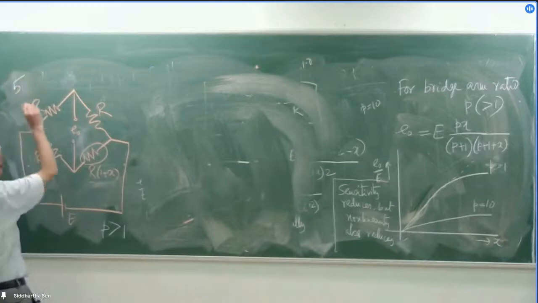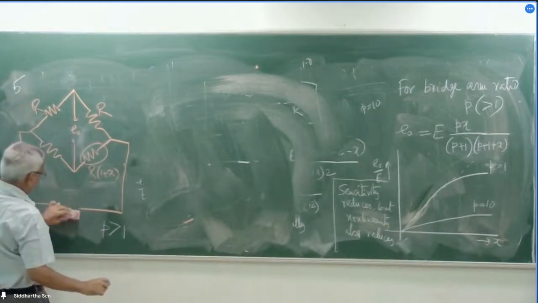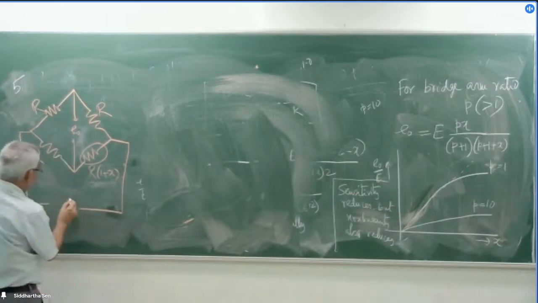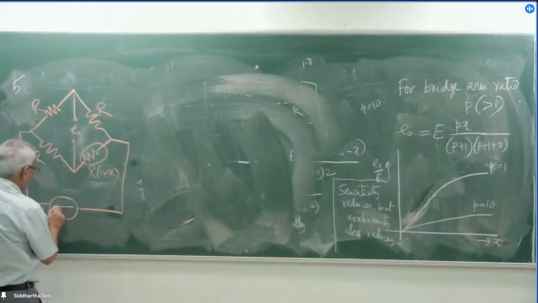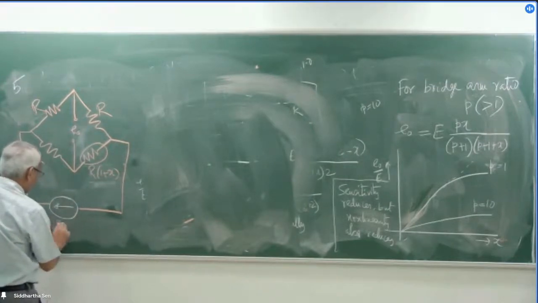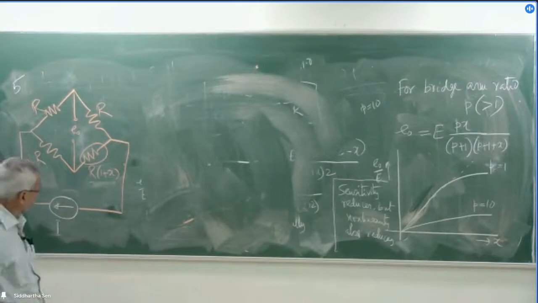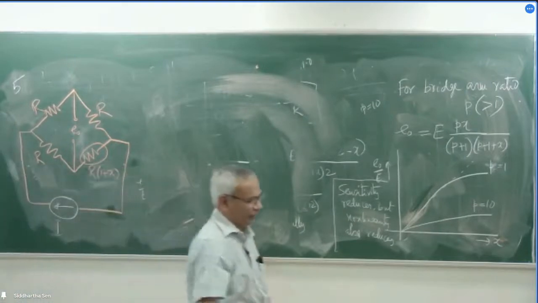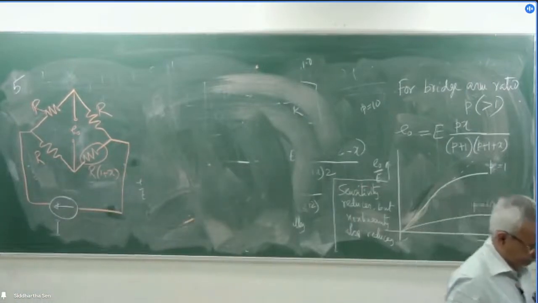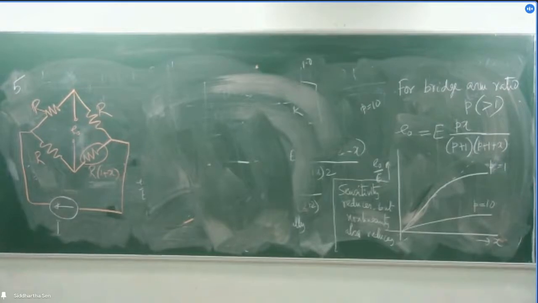I put the question here. Suppose instead of this one, I put a voltage source, I put a current source there. Instead of voltage source, I put a current source.